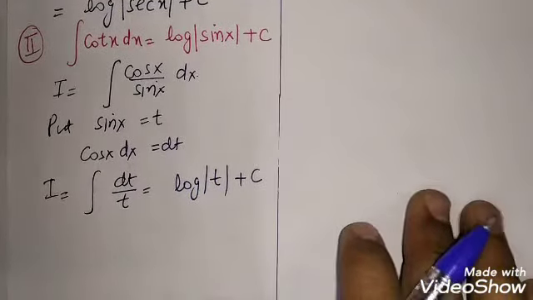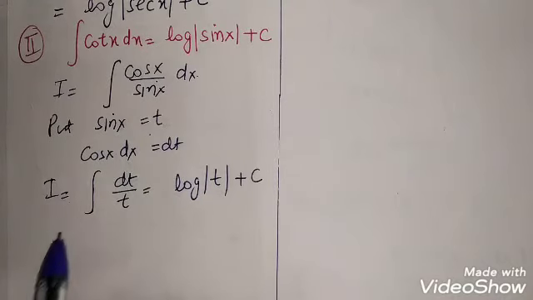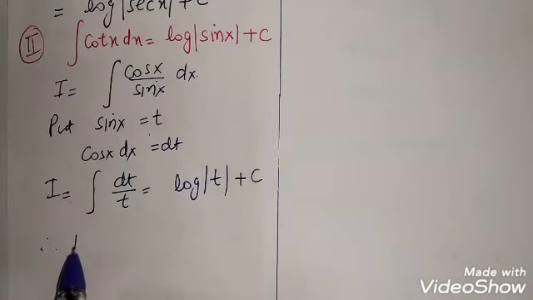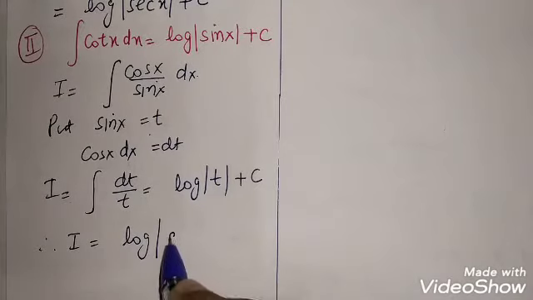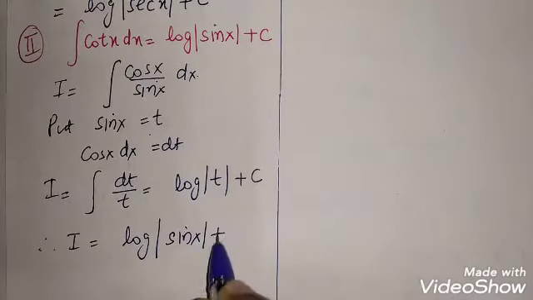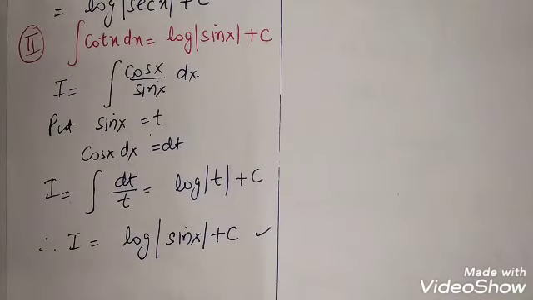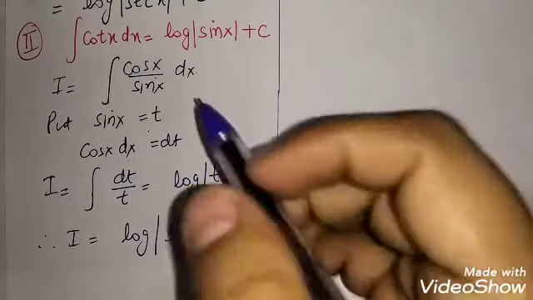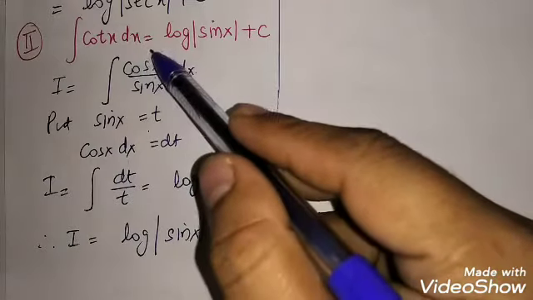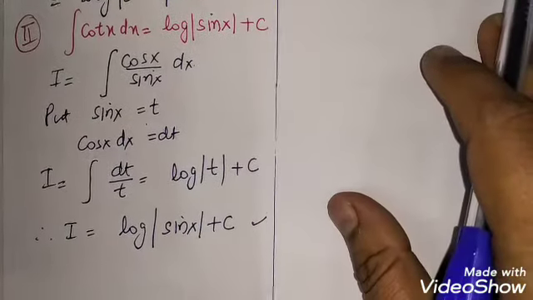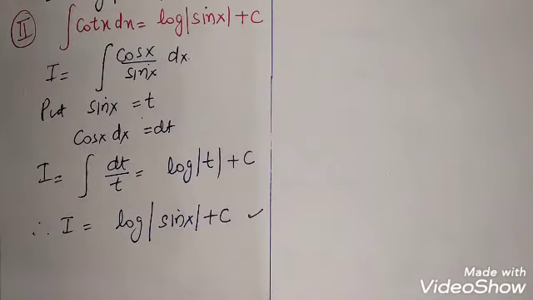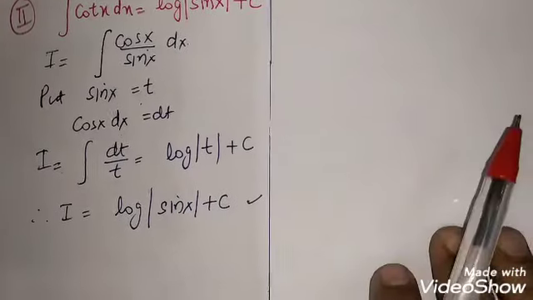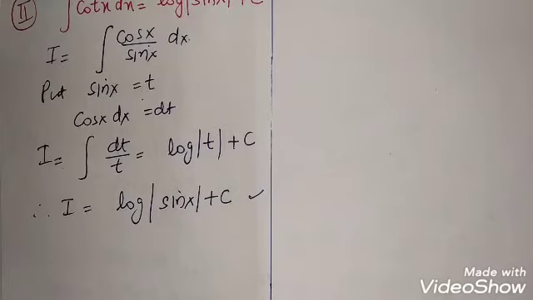The value of t is sin x, therefore I is equal to log of mod sin x plus c. Done. So the formula is integration of cot x dx equal to log of mod sin x plus c. Simple is the formula. This is the task for you: you will derive the formula by yourself.